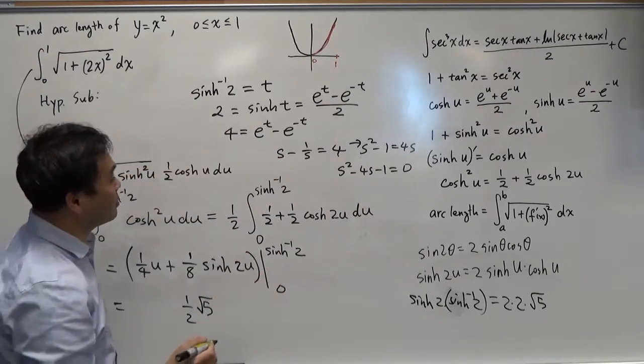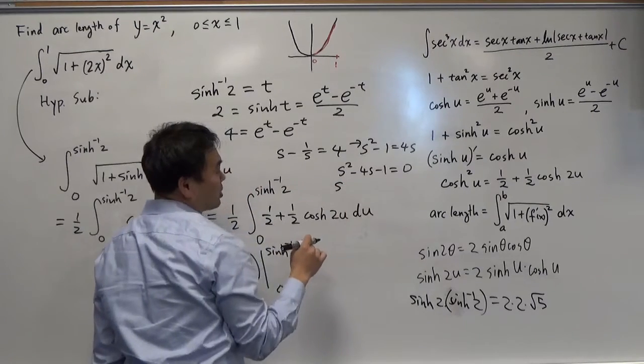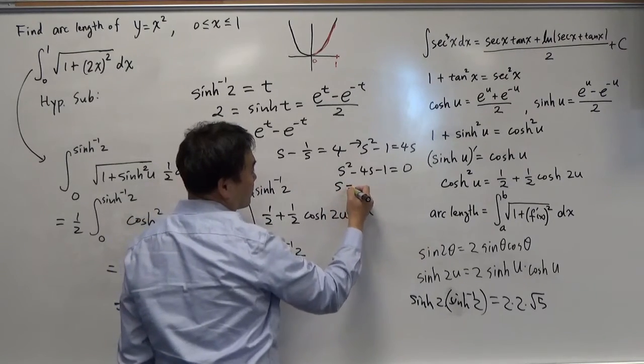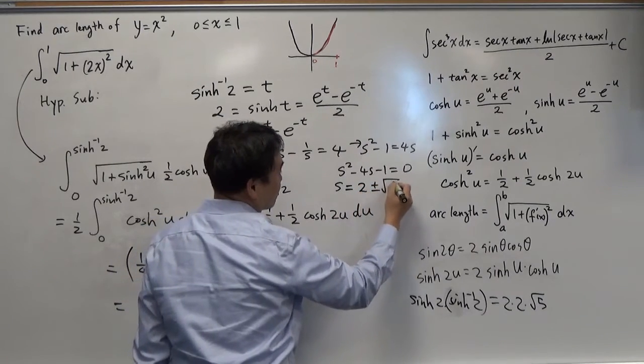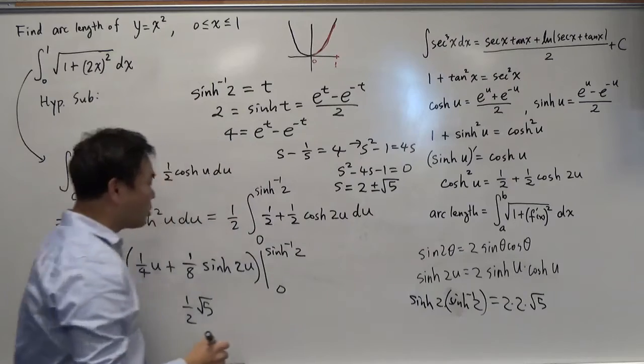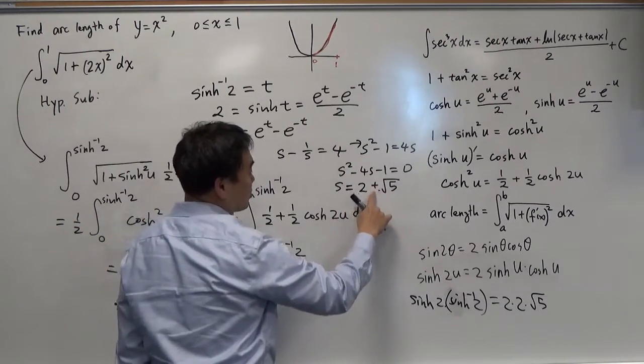And then the solution using either completing the square or quadratic formula will give you 2 plus or minus square root of 5. And because we know that this value is positive, it should be the plus one.